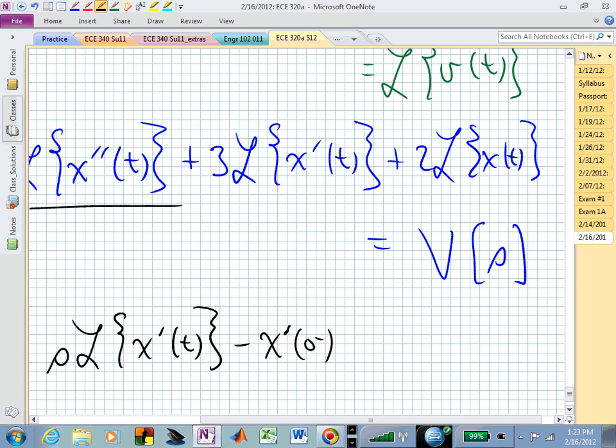Because the Laplace transform of a derivative was s times the Laplace transform of f of t, which was capital F of s, minus what that waveform was, not differentiated, f at 0 minus. So now we want to reduce the derivative by 1, and that gives us f prime, and we look at what the derivative is doing at 0 minus.